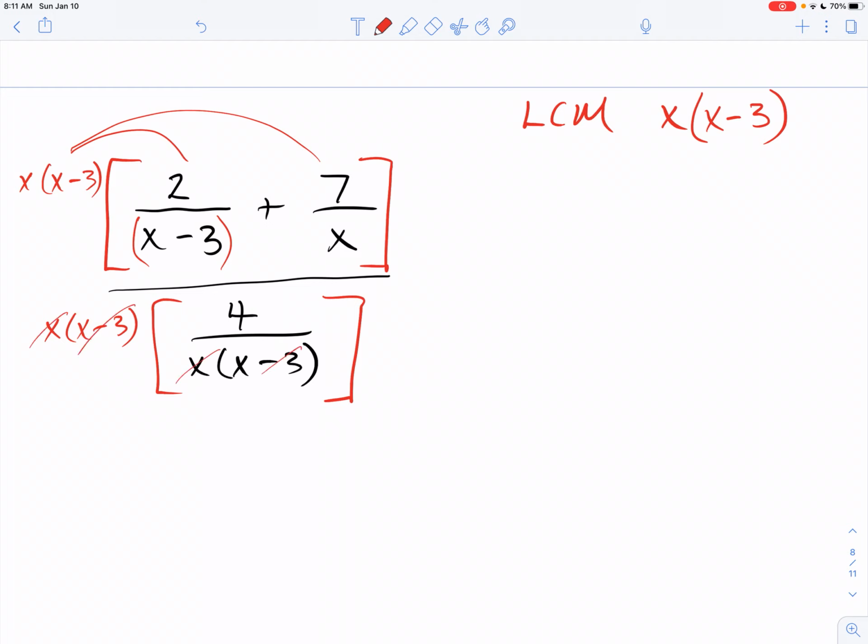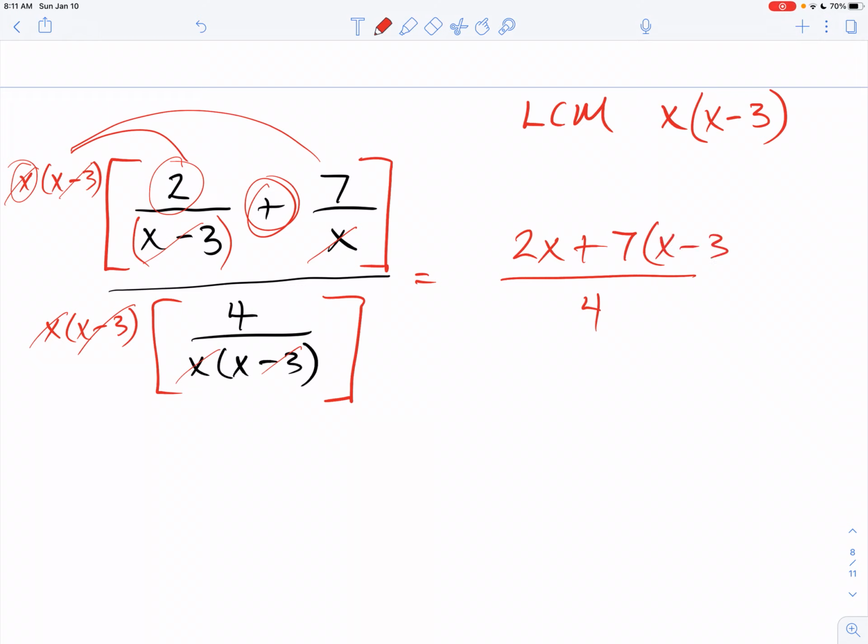All that stuff goes away, and what do I end up with on the bottom? 4. That's sweet. On the top part, what's going to happen? The first part, these guys are going to go away, and I'll get 2 times x. That's 2x. Plus, in this part, the x would cancel, and I'd get 7 times x minus 3.